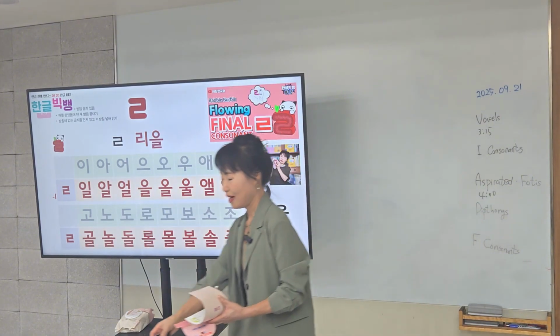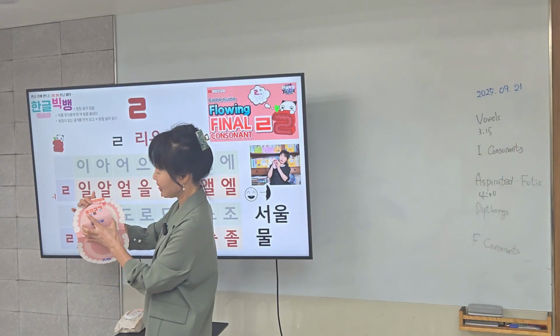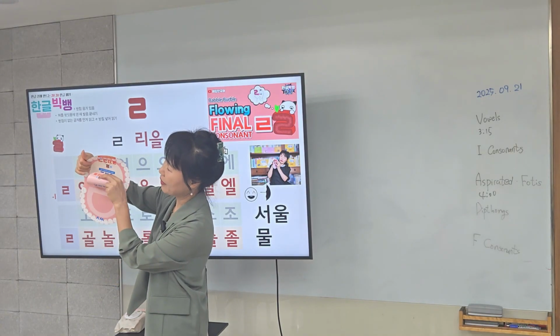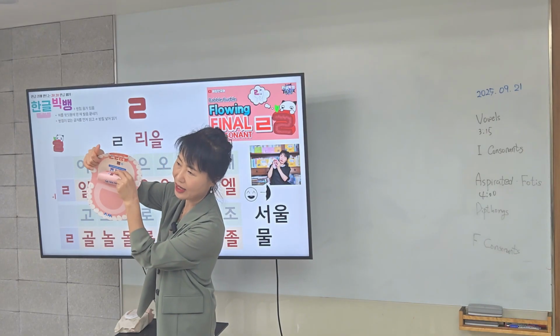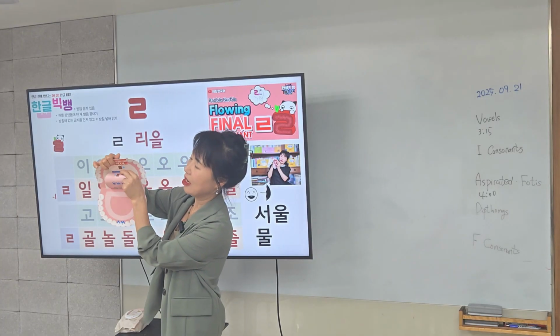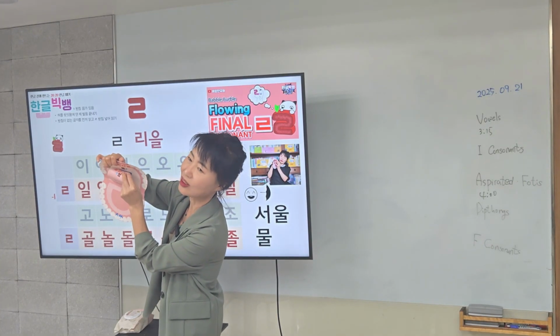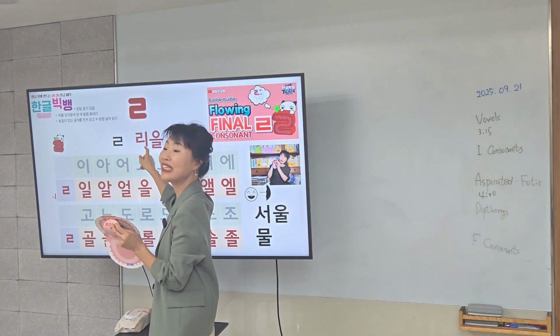And then as an initial consonant, we pronounce it by flicking the tip of your tongue against your palate, like l. But as a final consonant, hold your tongue. So ul. The letter's name is Liul.